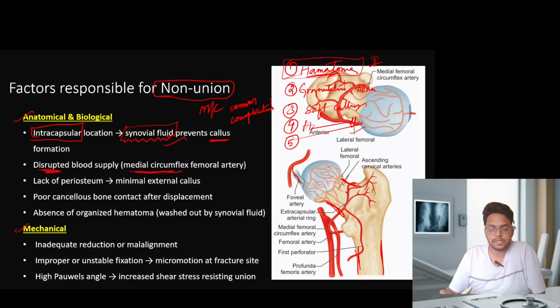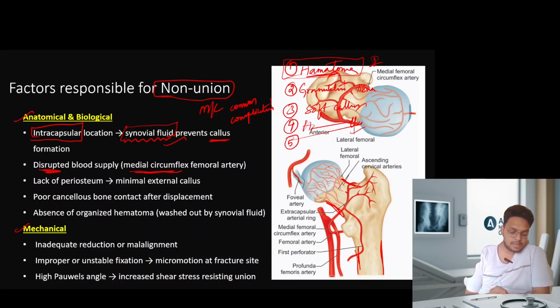Periosteum has two layers: the cambium layer and the fibrous layer. Okay. One is the fibrous tissue layer and the other is the stem cell layer. From the stem cell layer, that is the cambium layer, the osteogenic progenitor cells come and those will form the callus. But as the periosteum is absent at the neck region, it will have less chance of union.